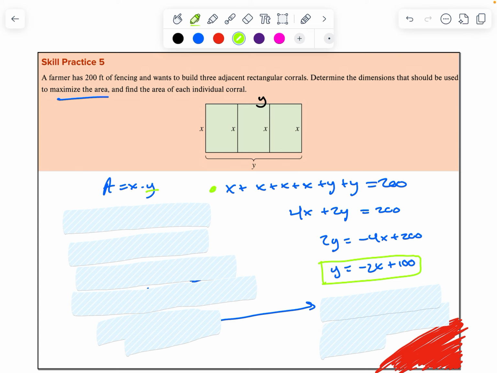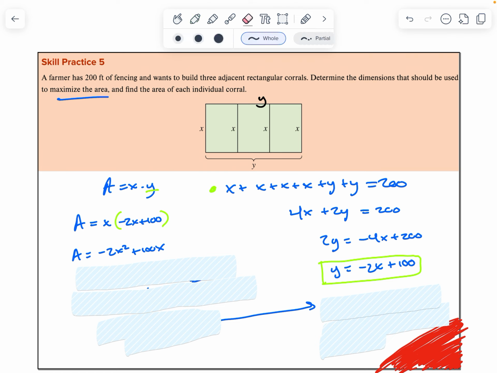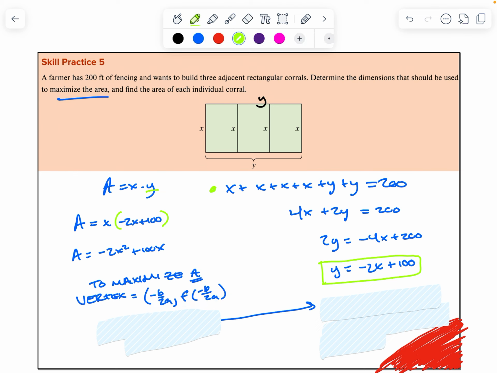Simplify on the right side. If we want to maximize, that means we want to find the vertex. If you do negative b over 2a, it gives you 25. If you sub that 25 back into your original equation, it gives you 1250, which is your area.